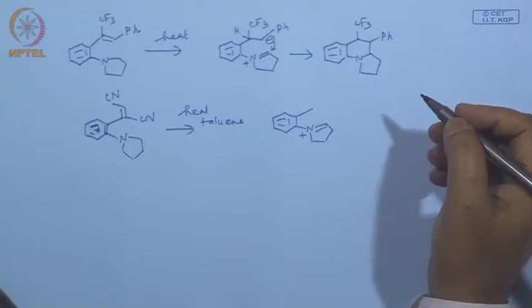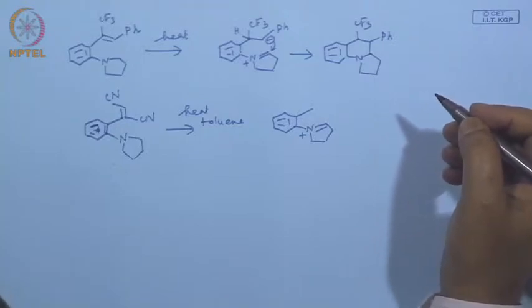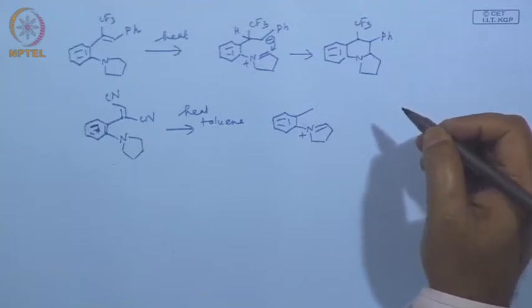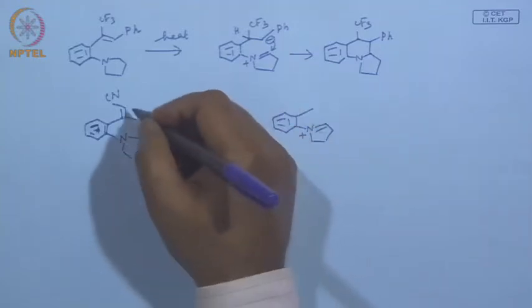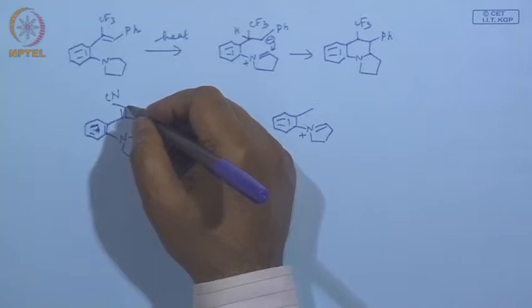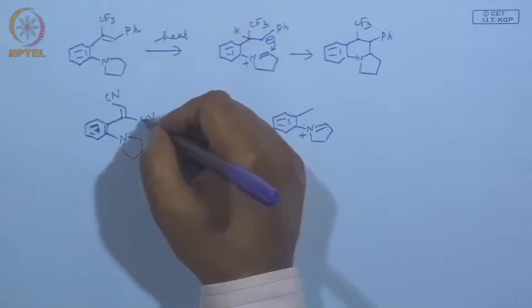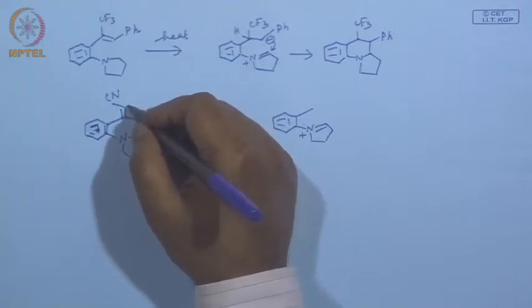That is what we have to decide in this case. Which one would be the hydride shift? Either this position is a little exposed. So, there is a possibility that the hydride, because it forms an anion here alpha to this cyano. If the hydride is added to this, this is also possible.